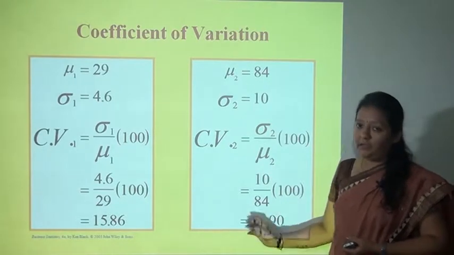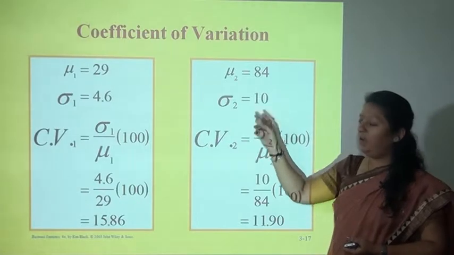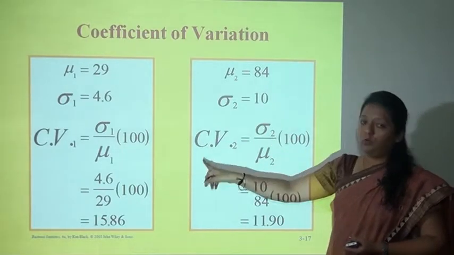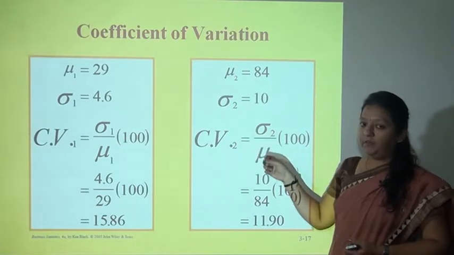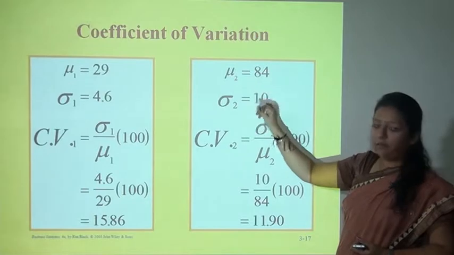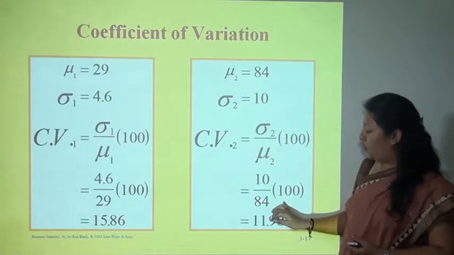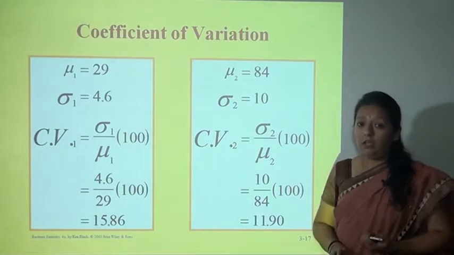Again, for the second group, the values of mu and sigma are given as 84 and 10. So the coefficient of variation is sigma divided by mu into 100, 10 divided by 84 into 100, which gives 11.90% variability.